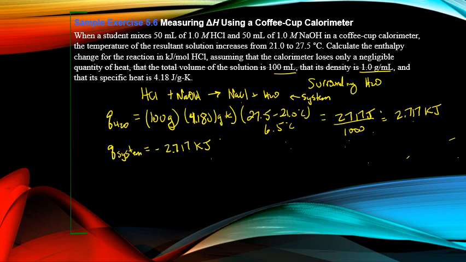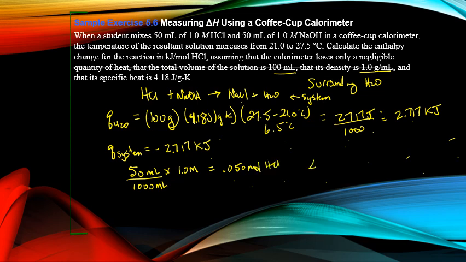So this amount of energy was released from, and if we take the 50 milliliters and we multiply that times the 1.0 molar, so I'm going to divide this by 1,000 milliliters per liter, and so that would tell me that I would end up with 0.050 moles of HCl.